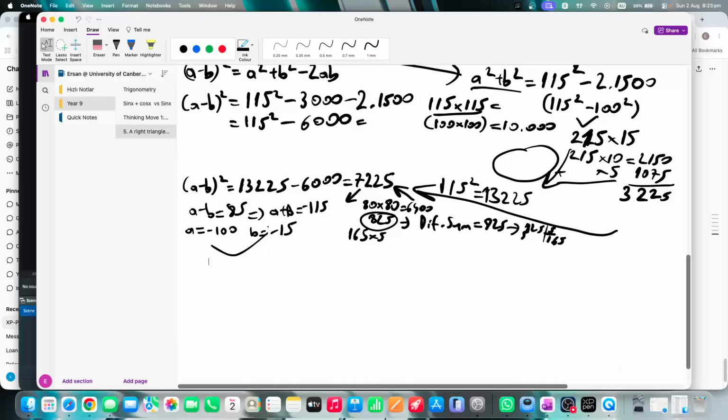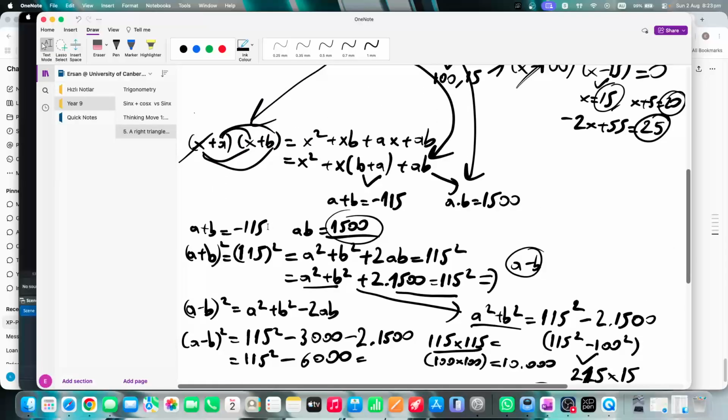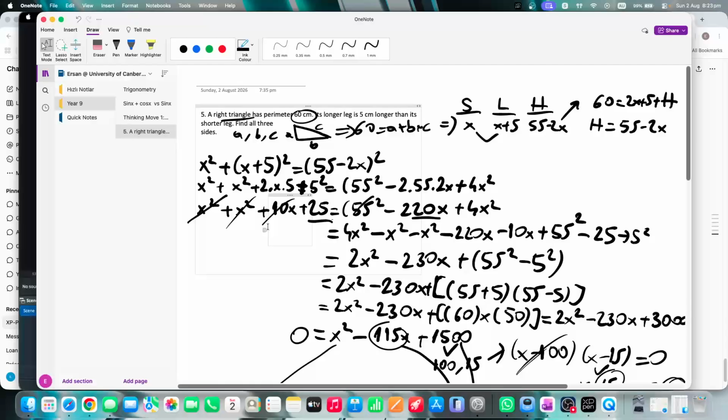And lastly, before I finish off my video, which I hope you will find useful, I'll show you one more thing. If I were asked a question like this, what I would definitely start off with is the most common right angle triangle, which is 3, 4, 5. The difference between them is 1 and 1, as you can see.